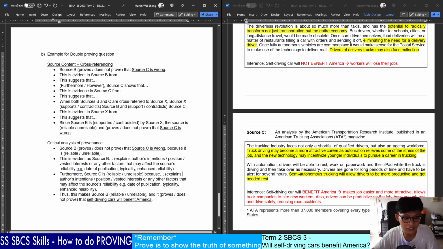So does this make B reliable or unreliable, and it proves or does not prove that source C is wrong. Alright.